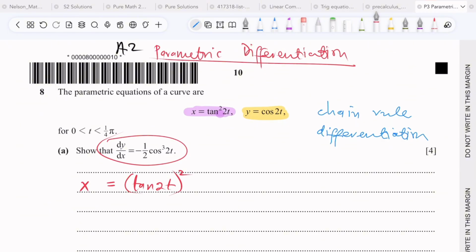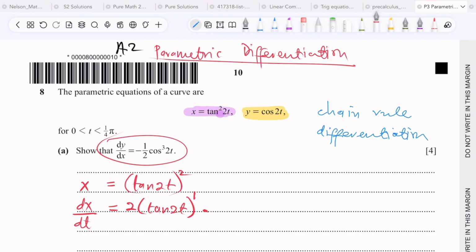So it's best to write it this way so that when you differentiate it, dx/dt, you differentiate the entire function, okay? So 2 comes down, then you have tan 2t, then you subtract 1 from the power. Oh, you get positive 1, sorry. Now we go inside the bracket. We differentiate the tan.